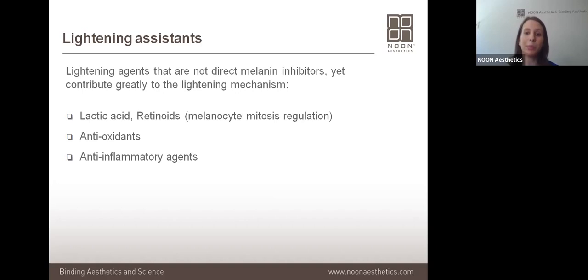So these will be alpha hydroxy acids, like lactic acid, which helps shed the upper layers of cells faster, so we can really get rid of the hyperpigmentation, and retinoids that help regulate the mitosis of melanocytes. Also supporting are the antioxidants and the anti-inflammatory agents.